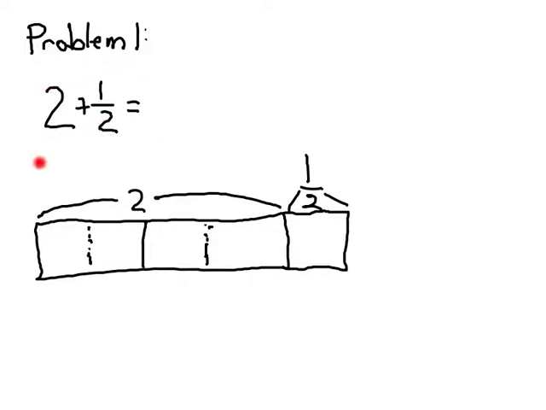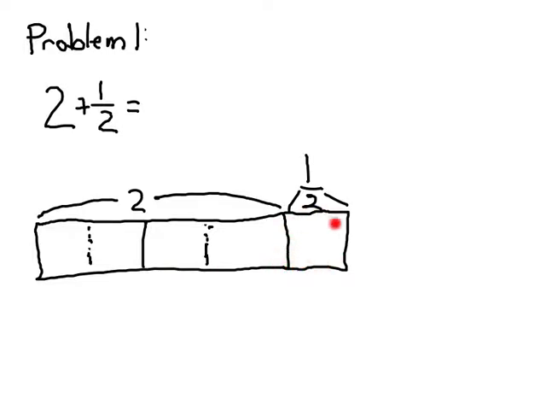We can think of this as perhaps we have 2 pizzas and our friend gives us half of a pizza, or we have 2 candy bars and we are given another half a candy bar by somebody. So let's look at my tape diagram which I drew out here. We have 2 here. This is 1 and this is 2. And what I did was I divided it in halves just to show you the amount of halves we have.